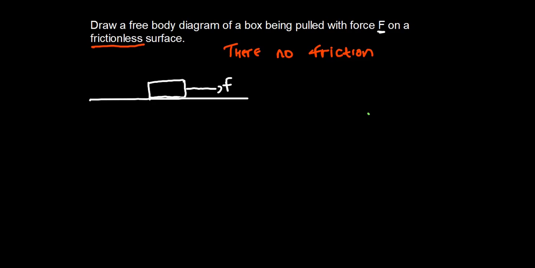So the first thing we do, we represent our box on our free body diagram. And we know that there is a force going downward, and this force is called the force of gravity. Second, we know that there's a force equal to that force of gravity, acting upward, and we call it the normal force.